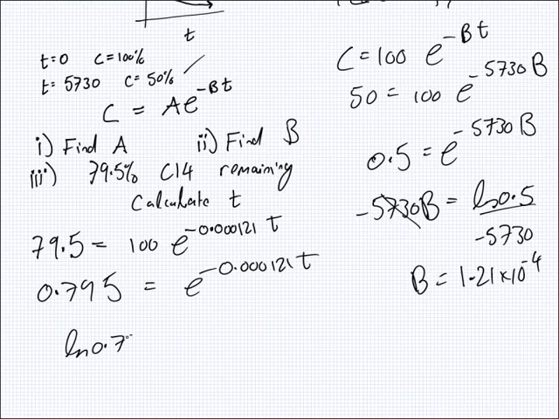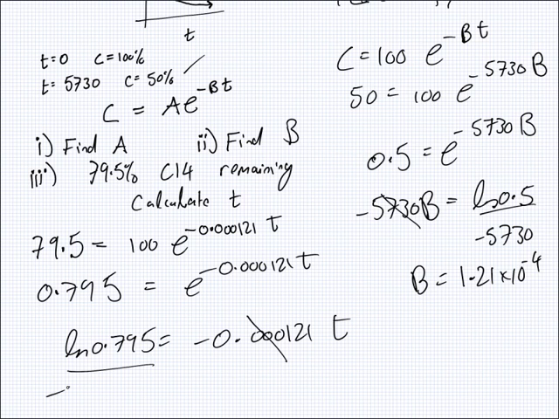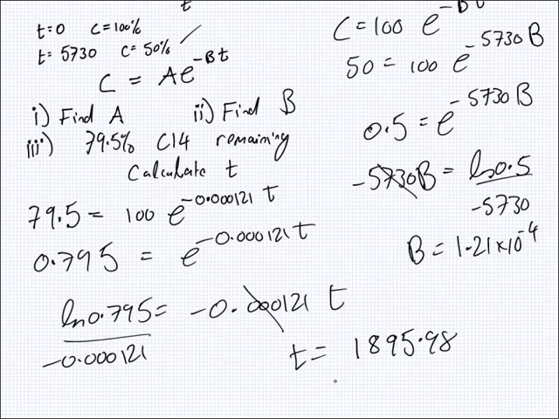Log 0.795 equals minus 0.000121T. So dividing, we get T is 1,900. Okay, and actually I didn't say this, but in the question I wanted this one to 2 significant figures. So if it was 2 significant figures for this answer, what would it be? 19, isn't it?